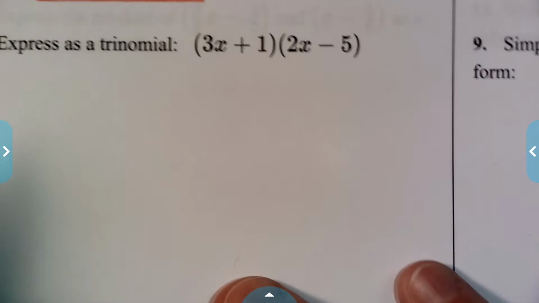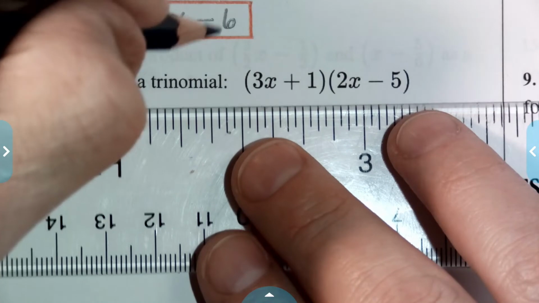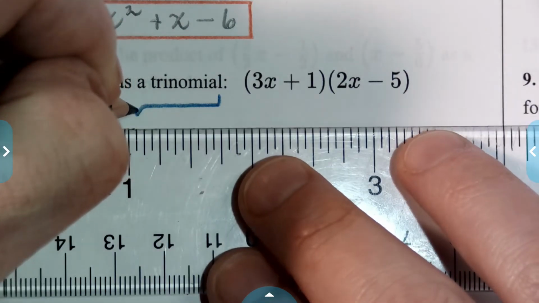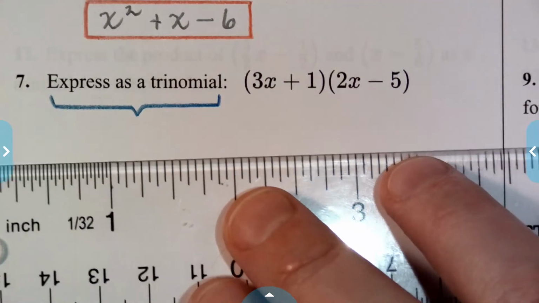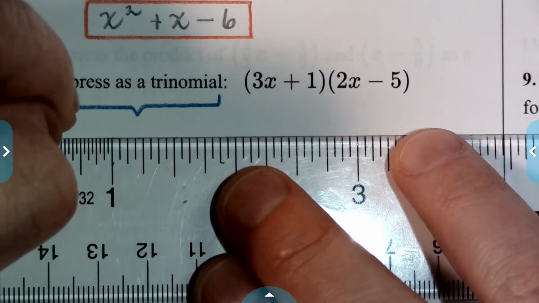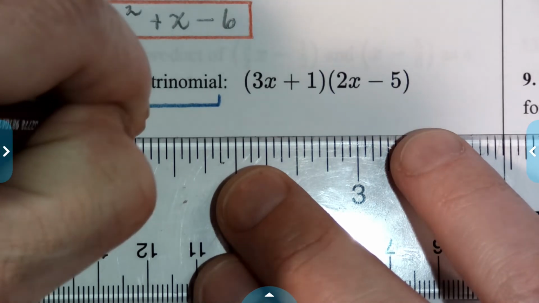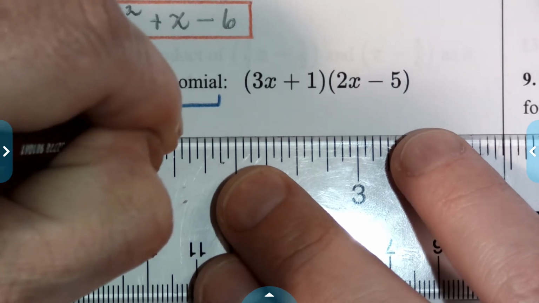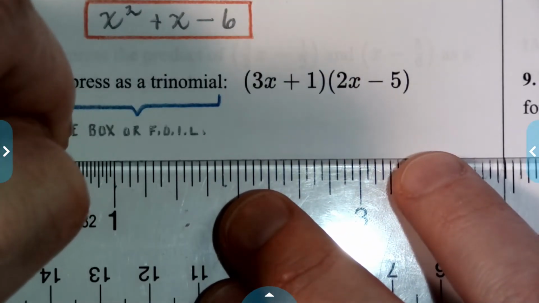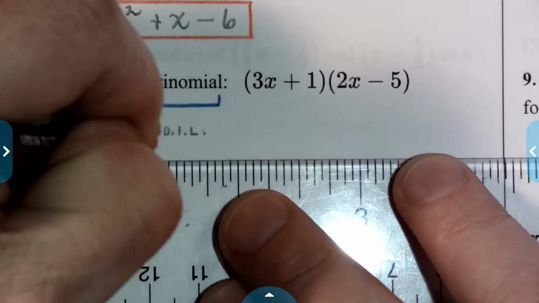Number 7, express as a trinomial. Okay, this is just another way of saying use box or FOIL to multiply the binomials.